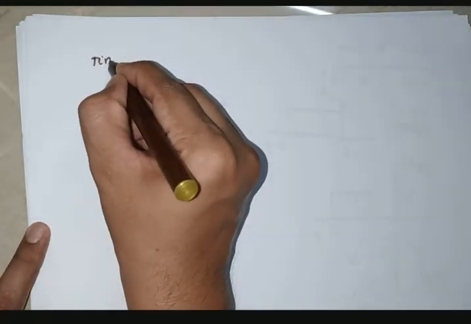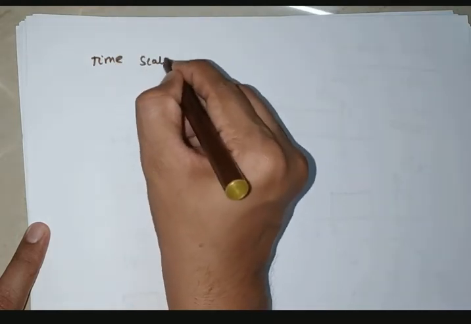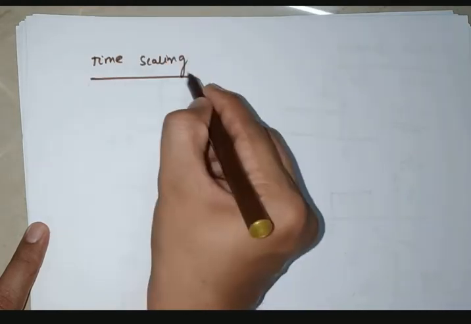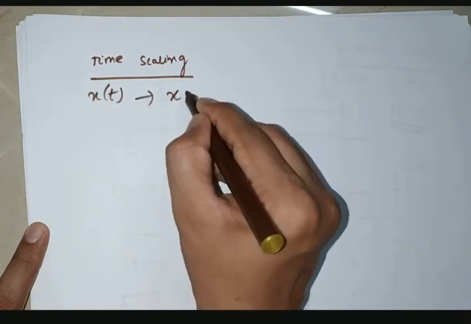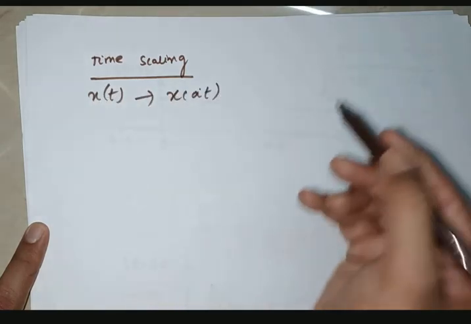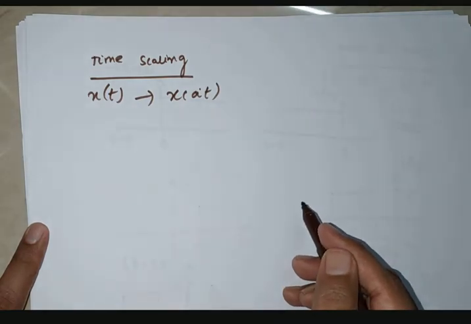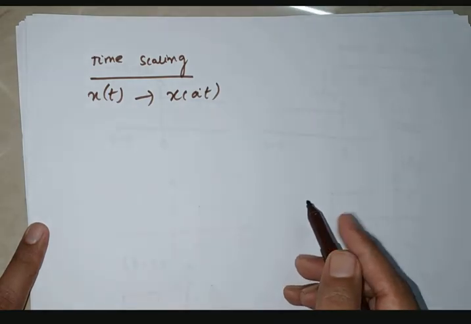Now, the time scaling problem. If x of t is a continuous time signal, then x of at is known as a time scaling of the signal x of t. What is the process?